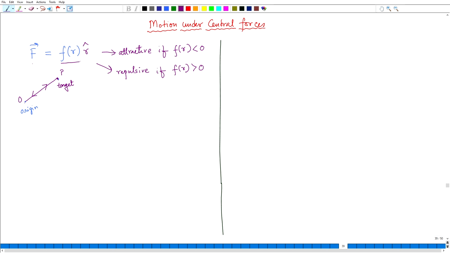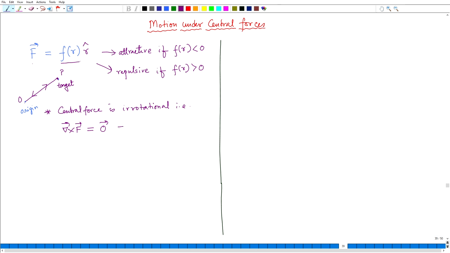If you remember, the first conclusion we drew about this central force is that a central force is irrotational. That means curl of F, which we have calculated explicitly, is equal to a null vector 0.